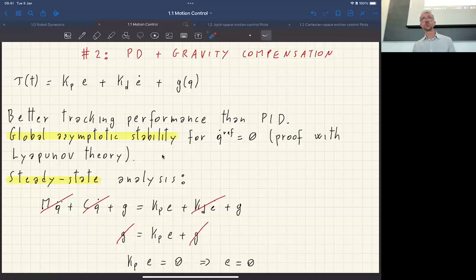It is used a lot in practice, because with just a bit of extra modeling, you can improve the performance of the robots a lot. Especially if your robot is heavy, which most industrial robots are, then gravity is going to be a big part of the torque that you need to generate for moving it around, because the masses are high, and so the gravity torque is going to be large.